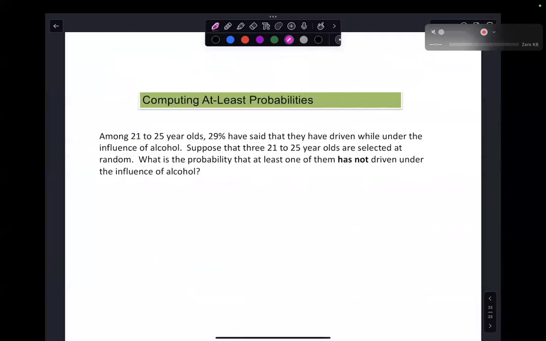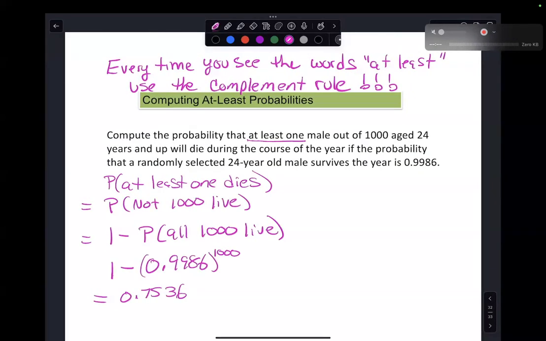I do have a calculator question real quick, if you could go back. I didn't know how to do the caret square root part until I asked my teenage daughter yesterday, and she thought that the 1,000 should go inside the parentheses. Does it make a difference? It will make a difference because the thing that I'm multiplying 1,000 times is the 0.9986.